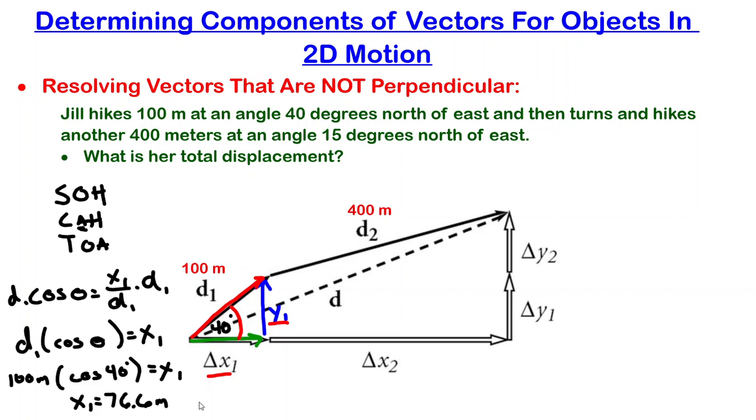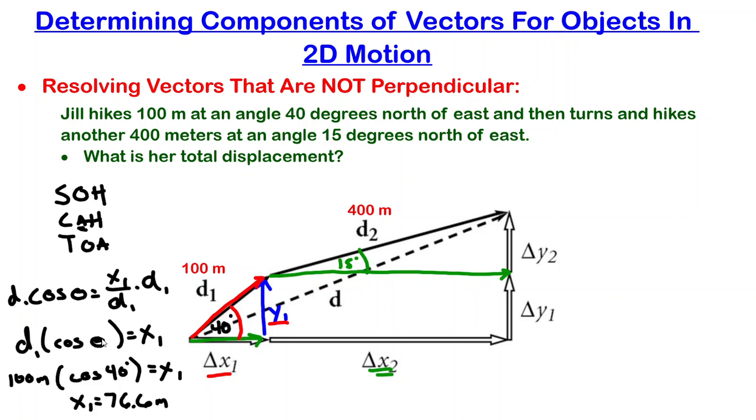76.6 meters is x1. Let's do that same thing while we're over here, right? We'll solve for x2. So that's x2. I've just drawn it up here, and then I'll move it down there later. So x2, we're going to do the exact same thing, right? I mean, this is now 15 degrees, but the formula we're going to use is the same.